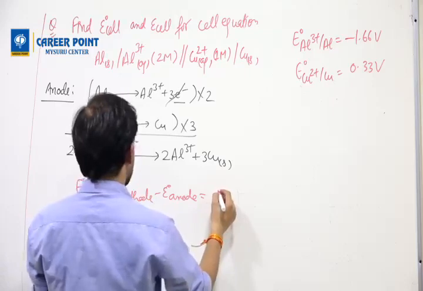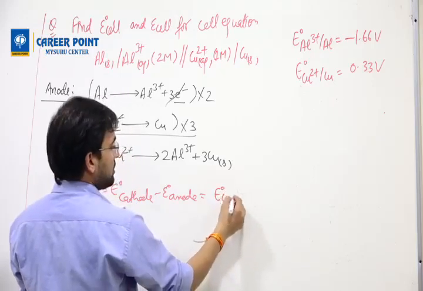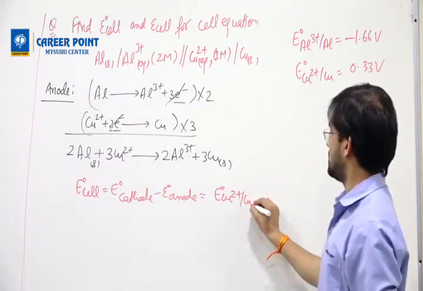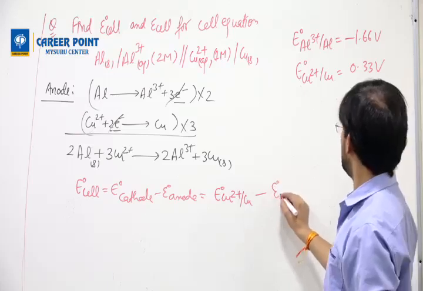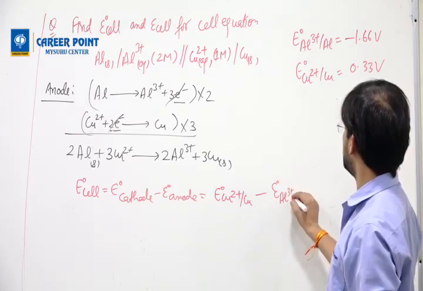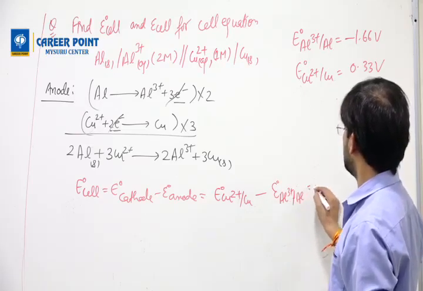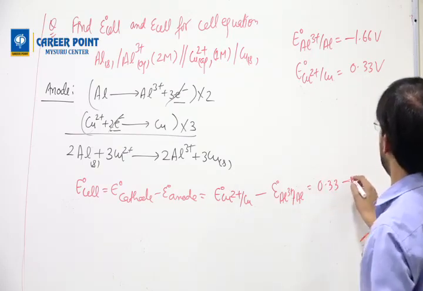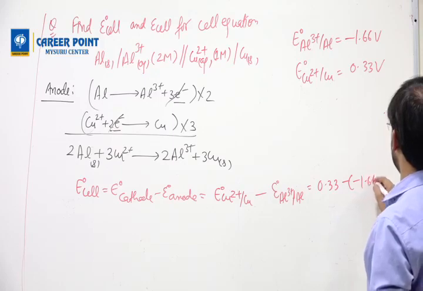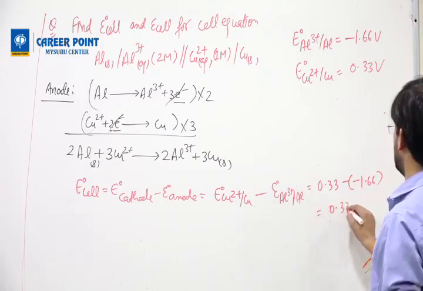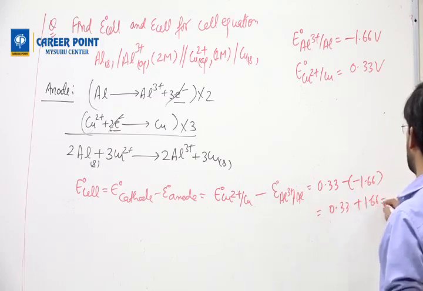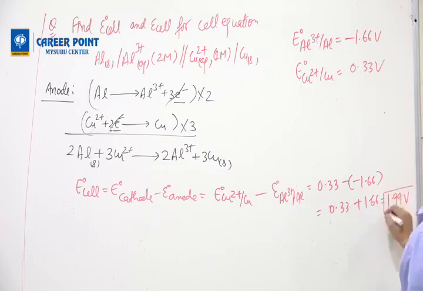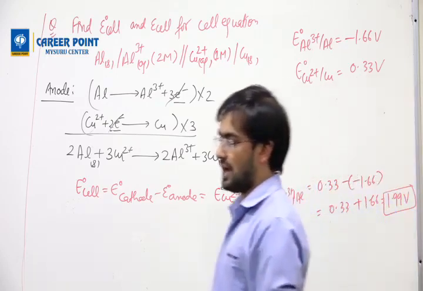So E naught of Cu2 plus 2, Cu minus E naught of Al3 plus, Al. What values do I get? 0.33 minus 1.66. So 0.33 plus 1.66 or 1.99 volts. That is easy job. Done.